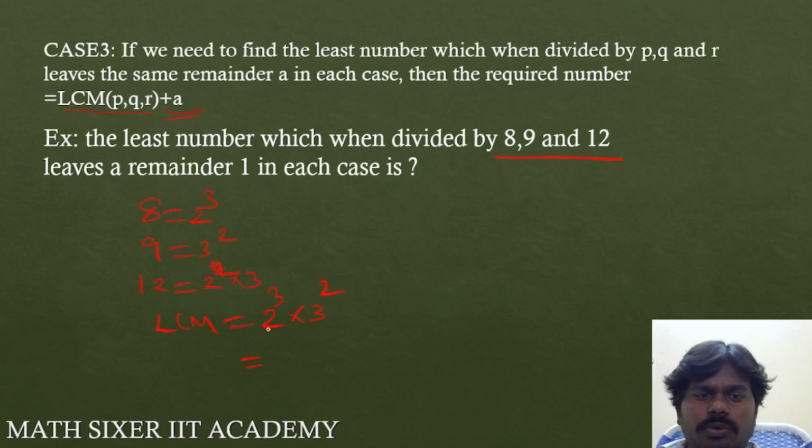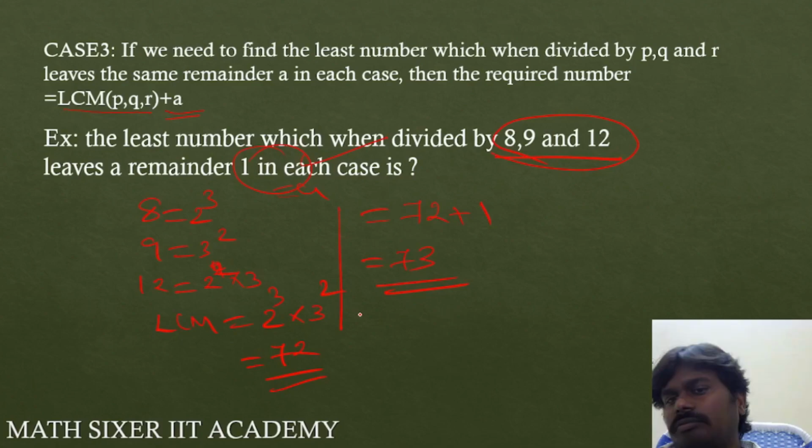So 2 cubed is 8, and 8 9s are 72. So 72 is the LCM of the numbers 8, 9 and 12, and the required number is 72 plus A, which is 1. So we add 1, giving 73. So 73 is the least number that when you divide it by these numbers 8, 9 and 12, you will get remainder 1 every time. That's for case 3.